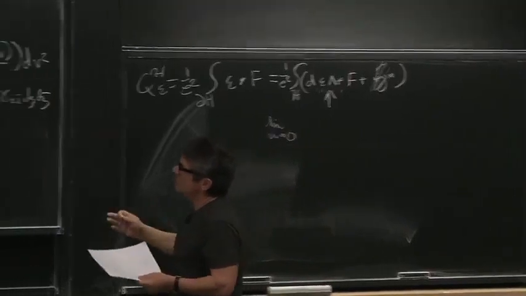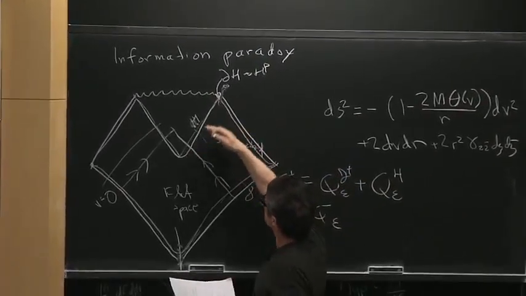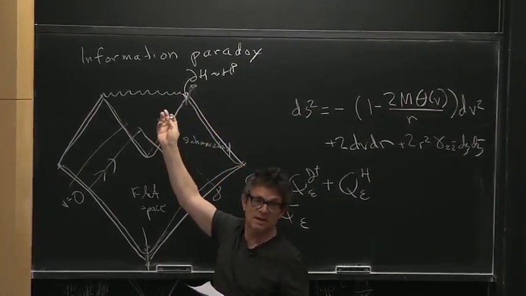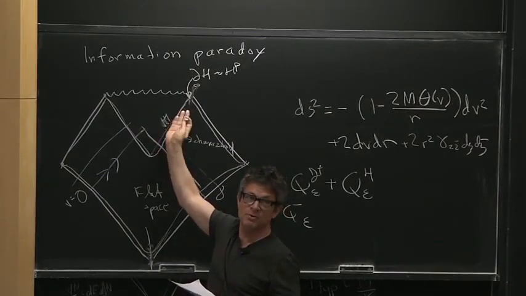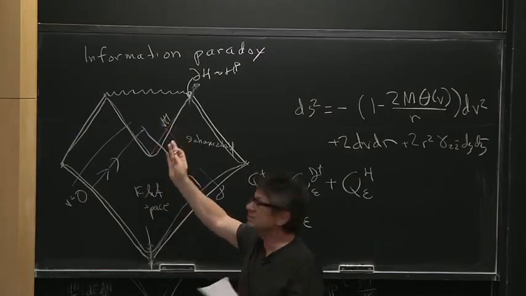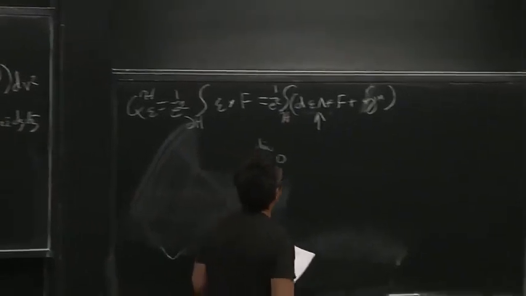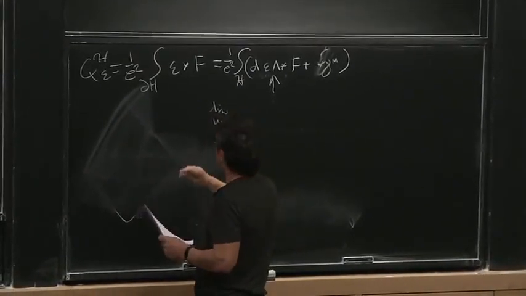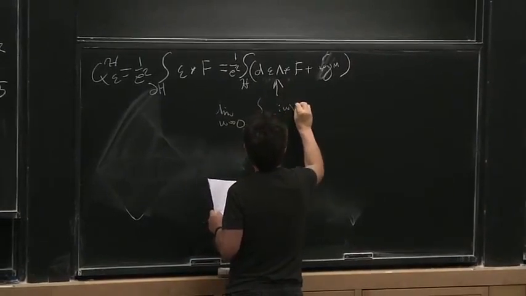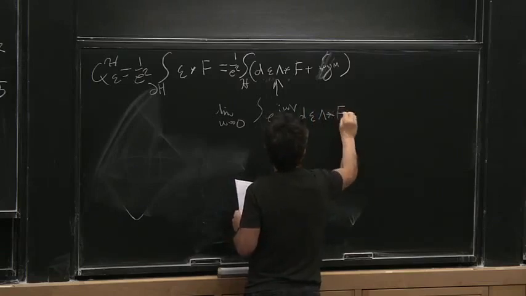So when we try to write the mode expansion in Schwarzschild or in Vaidya, we need to do a mode expansion on the horizon, and there's a huge industry of studying this. And they have different frequencies in terms of the advanced time v along the horizon, of e to the i omega v d epsilon wedge star f.